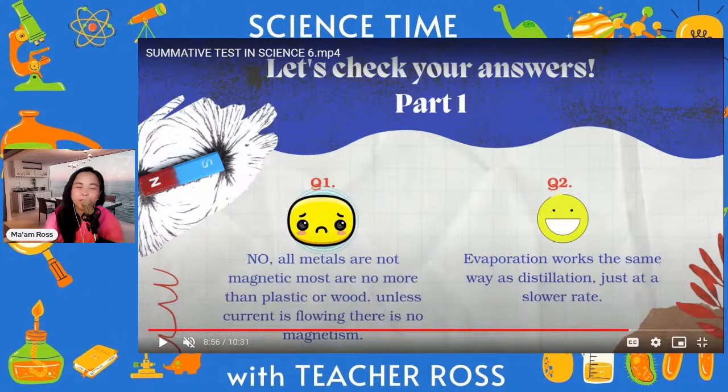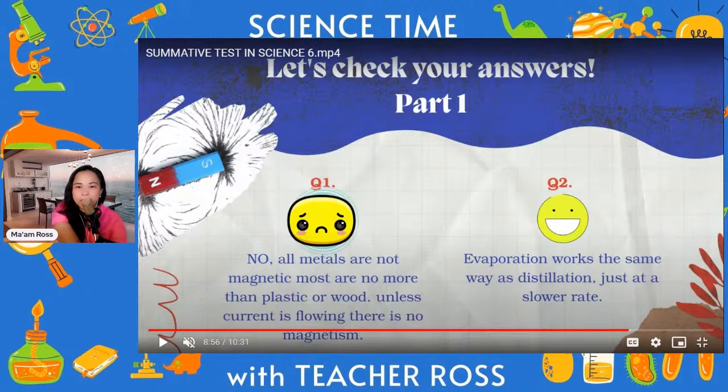For question number 1, the correct answer is sad face. That is sad face. Why? The answer is no. All metals are not magnetic. Most are no more than plastic or wood. Unless current is flowing, there is no magnetism. So the correct answer for number 1 is sad face.